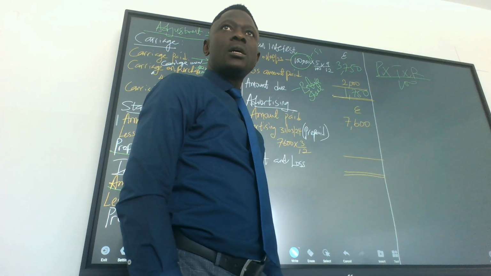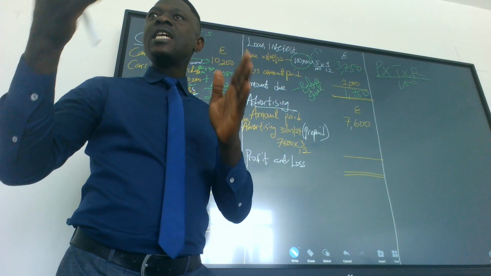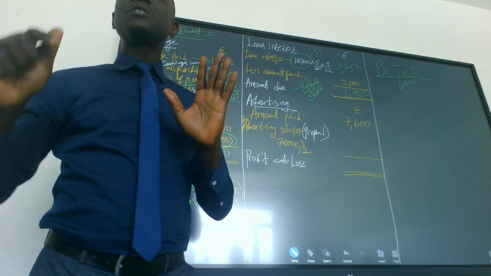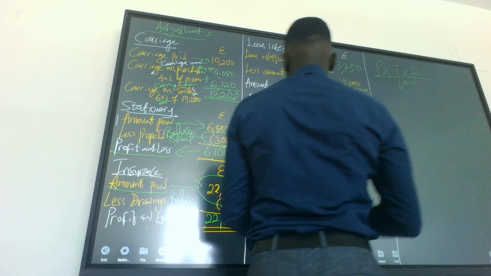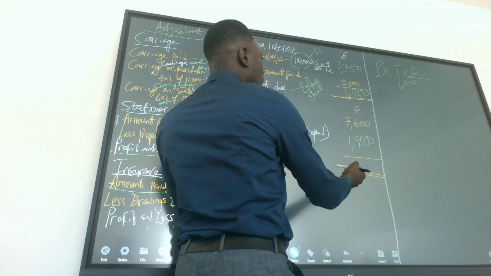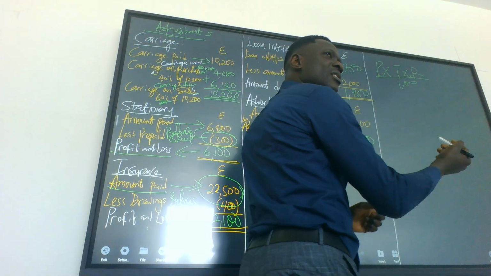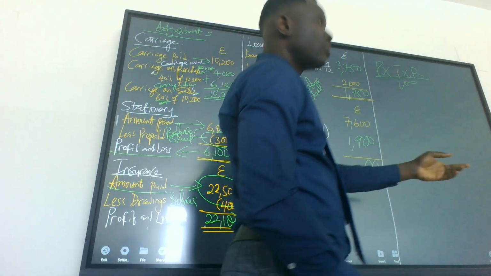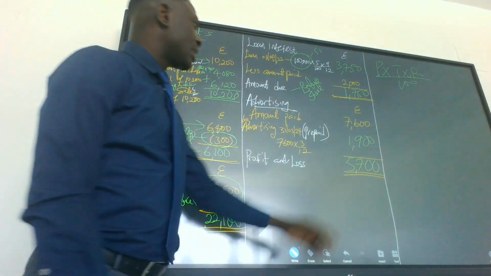Do you get it or not? The advertisement runs to 31/3/24, and the year ends 31/12/23. So 3 months has been paid in advance, 1,900, so take it away. Our profit and loss will be 6,600 minus 900, which is 5,700. This is the advertisement. Is it clear?